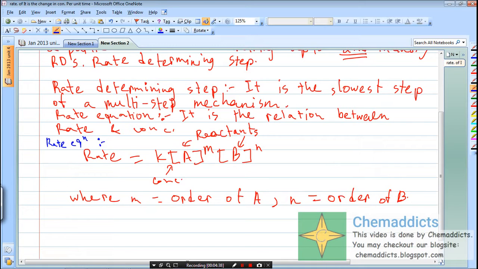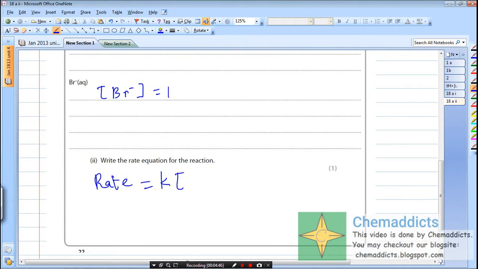In this case there were two reactants, and here there are three reactants. So first of all, let us write bromate 5, BrO3 minus.